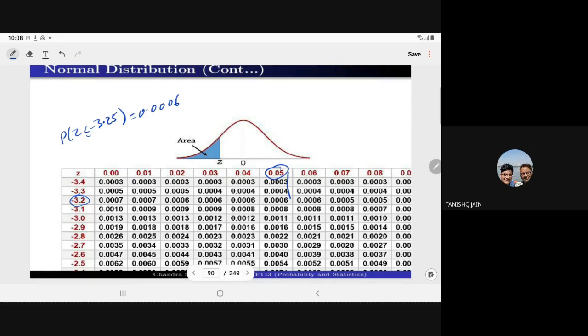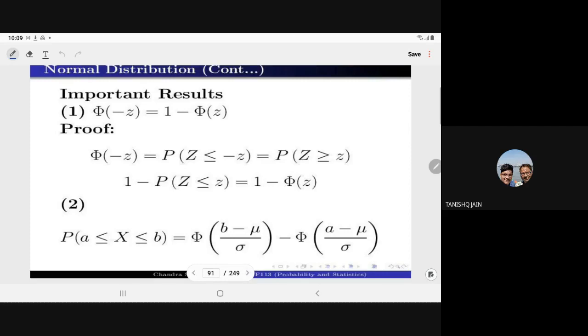In all books, you will find the table for the standard normal distribution, not for the general normal distribution, always, because in this, mu equal to 0 and sigma equal to 1 is fixed. Otherwise, it is exactly the same. Whatever properties you have studied for the normal distribution, it satisfies all of them.